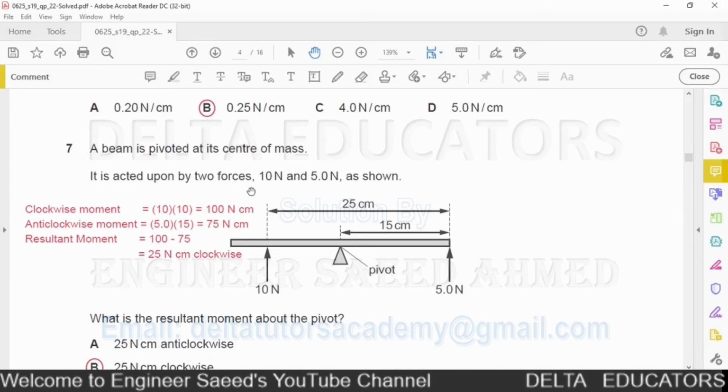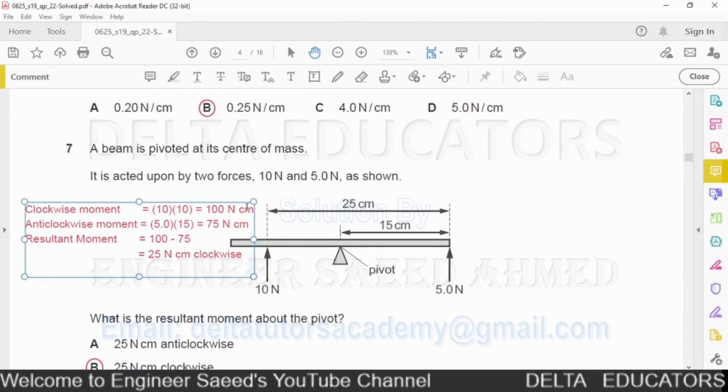So clockwise moment is 100 Newton centimeter, that is because of 10 Newton force, and anti-clockwise moment is 75 Newton centimeter, that is because of 5 Newton force. Now the resultant moment will be the difference of these two moments. So resultant moment will be equal to 100 minus 75, it will be 25 Newton centimeter.